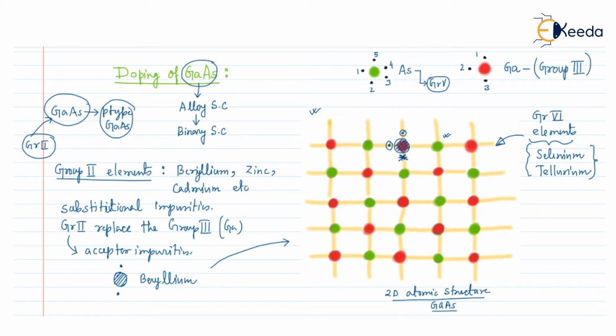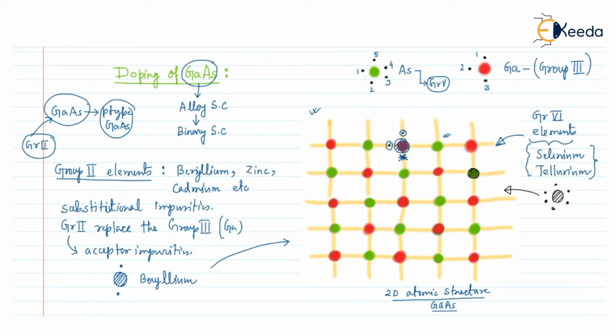So let us consider a group 6 element. This is a group 6 element, and it will have 6 electrons in the outermost orbit. Now if we dope this group 6 element inside the gallium arsenide, it will replace the arsenic atoms, that is the green atoms.